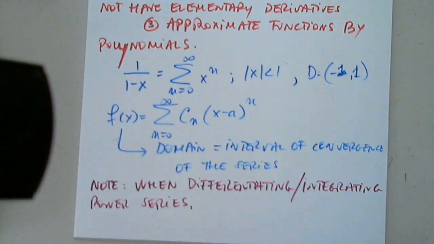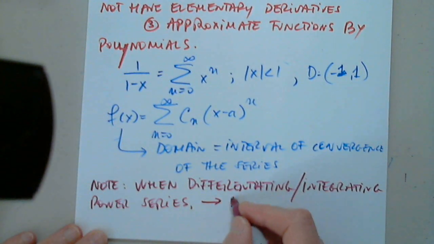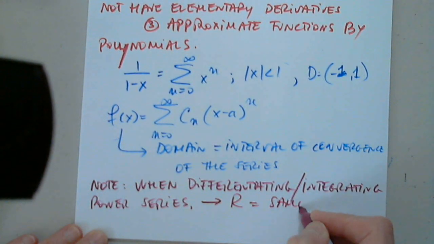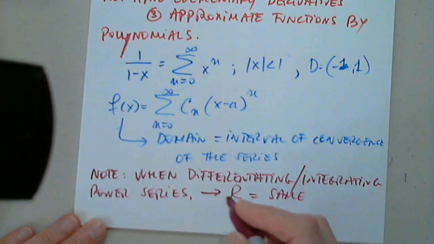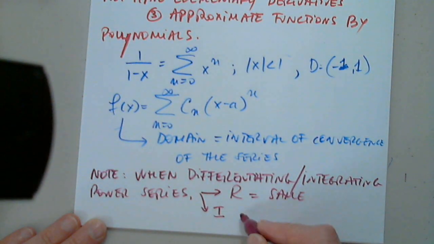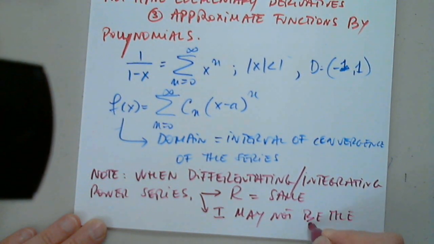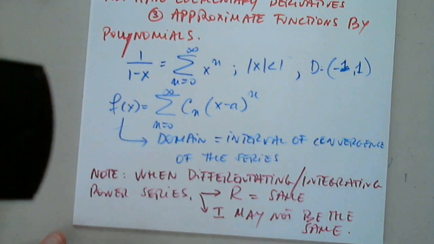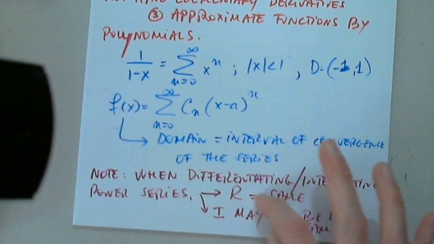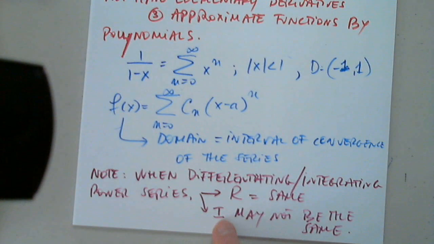The radius of convergence remains the same, but the interval of convergence of the resulting series may not be the same. When we differentiate or integrate the power series, we get a new series, and the radius of convergence stays the same, but the interval of convergence may not be the same.